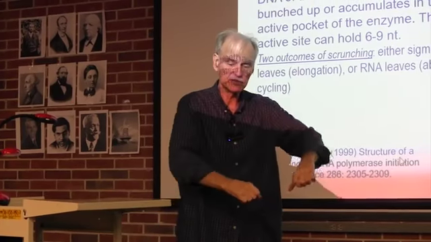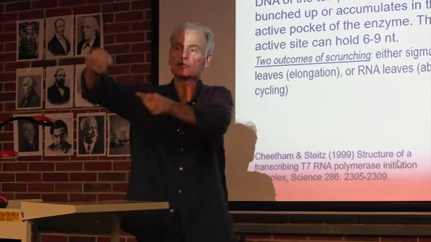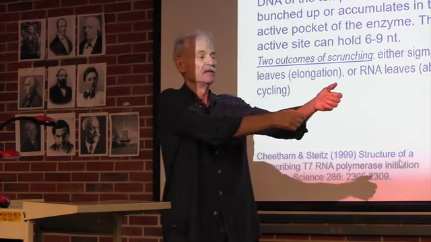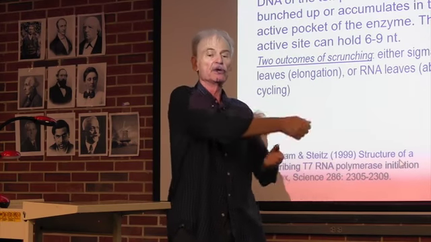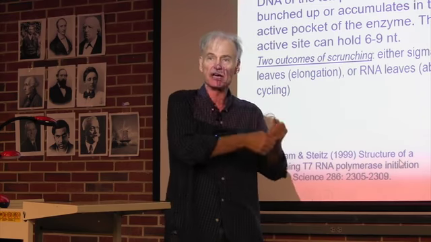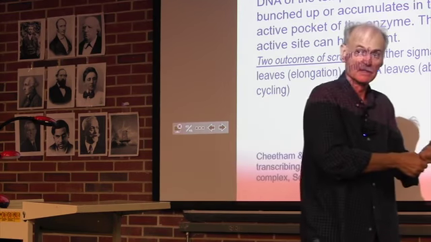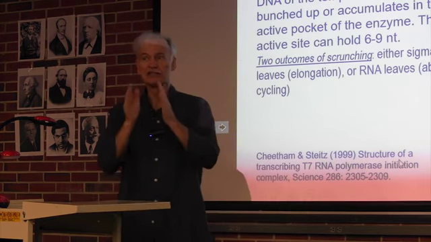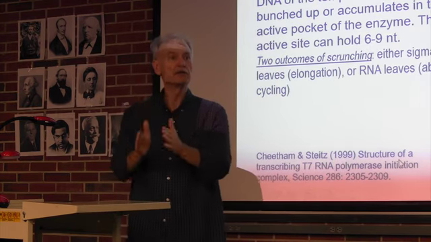So the size of this little abortive transcript that floats away should be the same as the number of nucleotides of template you can cram or scrunch into the enzyme without having to move. Because all of this abortive cycling happens with the polymerase stuck firmly to the promoter.